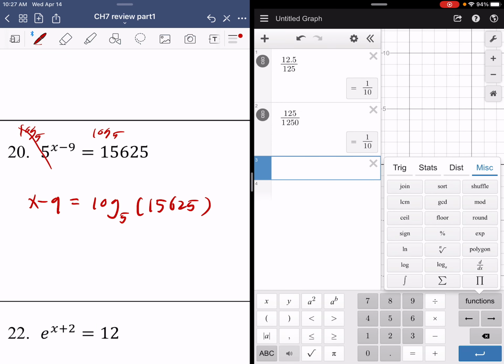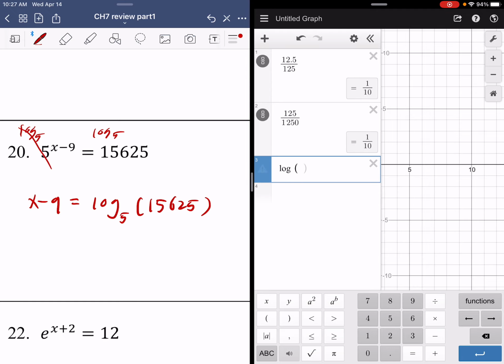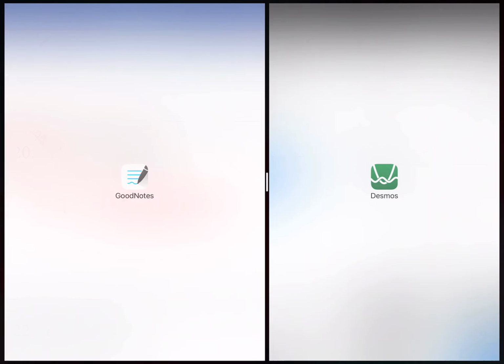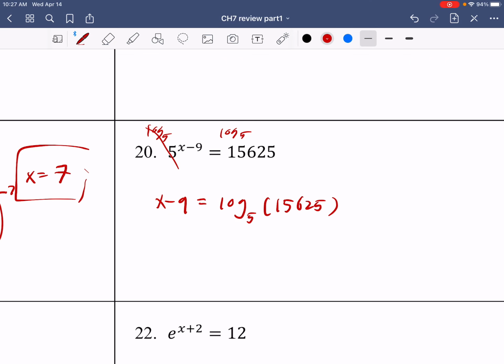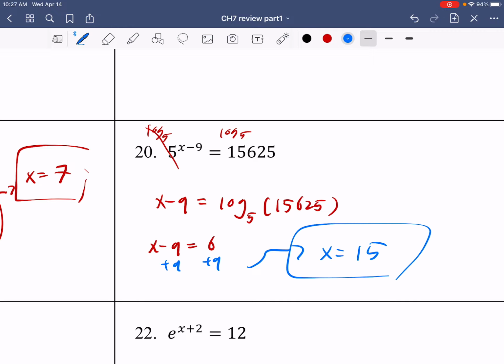Go to the log function, click the second from the bottom in the middle. So log base 5 of 15625. Oh, it's 6. So x minus 9 equals 6. Plus 9 both sides. You will get x equals 15. It's very easy, right?